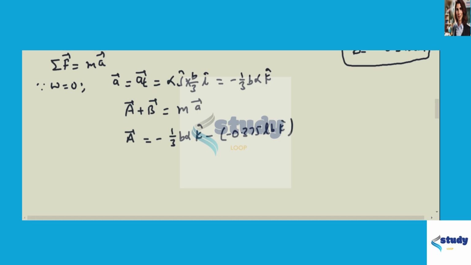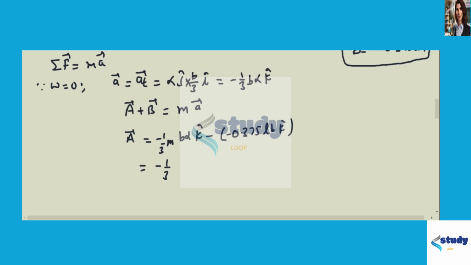Now calculate this value. All the parameters are known to us. Here I forgot to write the mass, so mass will also be there. I am correcting it a little bit: minus 1 by 3 m b alpha k cap.